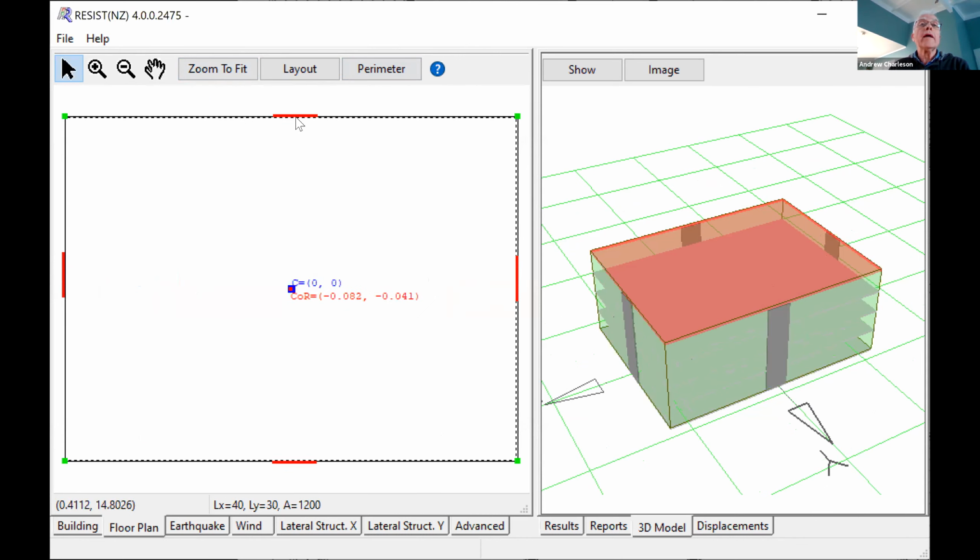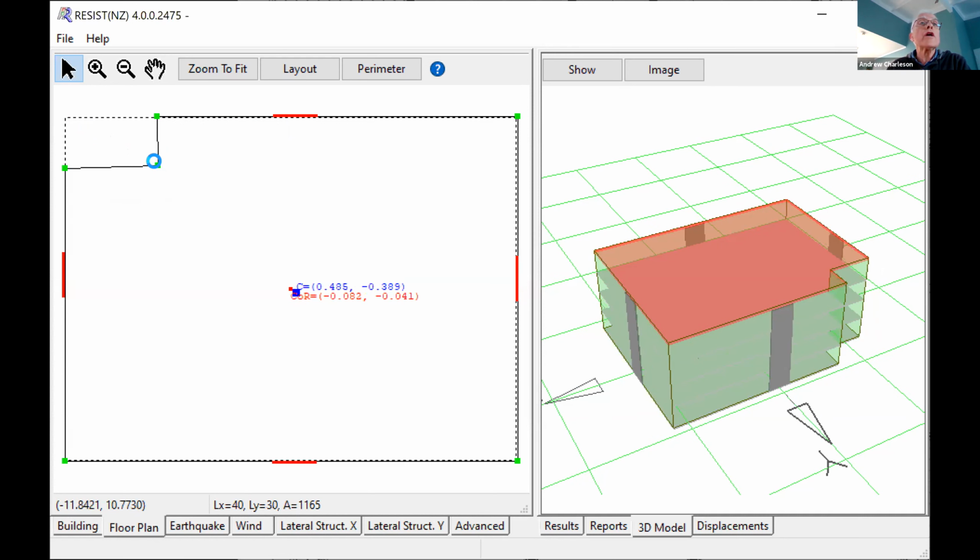Out of the way. Now the next task is to modify the shape of the floor plan to suit your design. And so I'm going to add complexity. I right click and I add points. And now I can drag and create the geometry of my design.